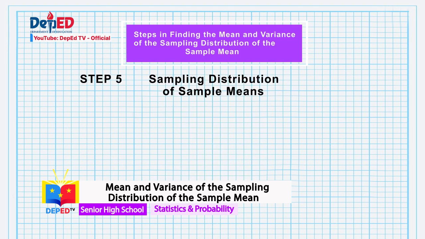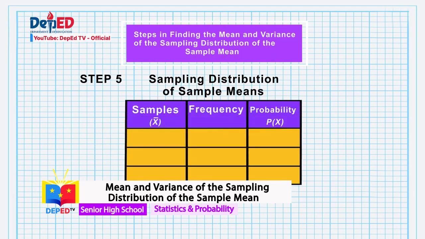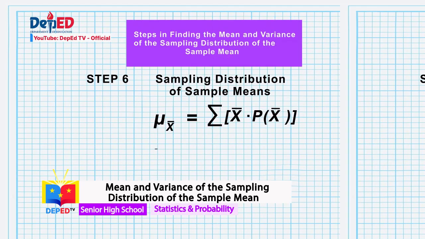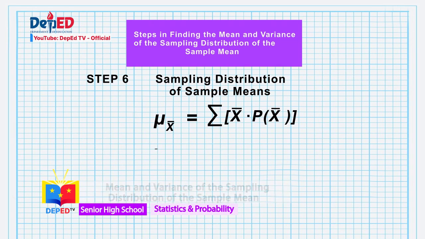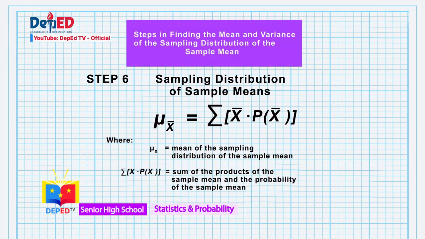The fifth step is to construct the sampling distribution of the sample means. The sixth step is to compute the mean of the sampling distribution of the sample means by multiplying each sample mean by the corresponding probability and adding the results obtained in the product. You may also use the given formula, where mu of x-bar is the mean of the sampling distribution of the sample mean, and the summation is the sum of the products of the sample mean and the probability of the sample mean.